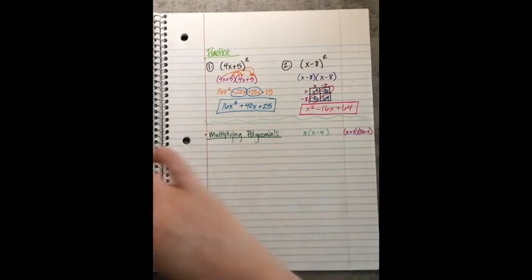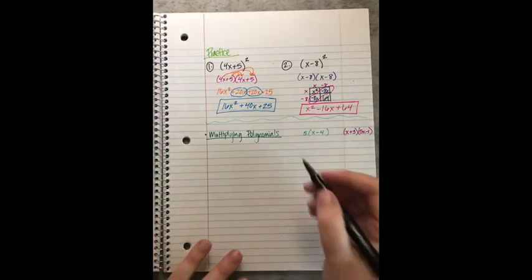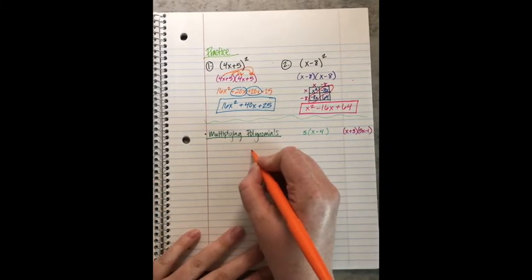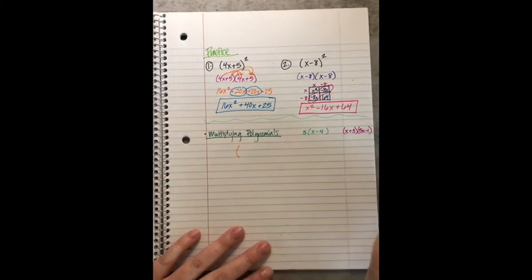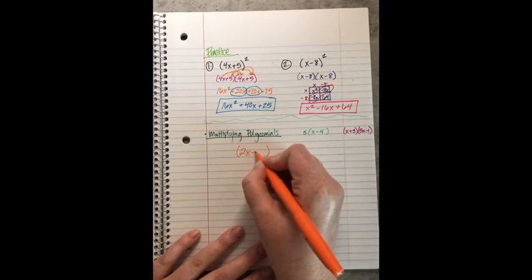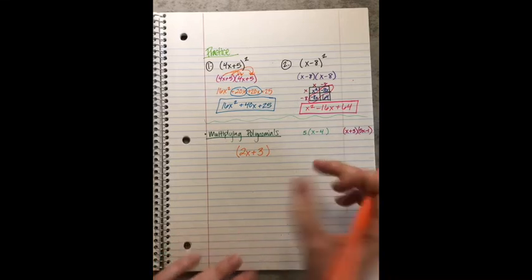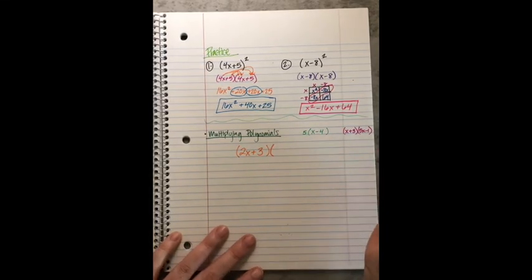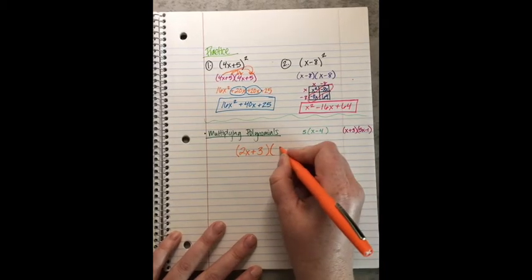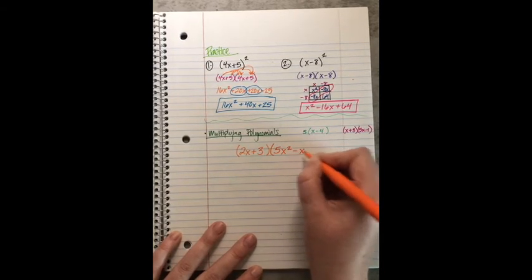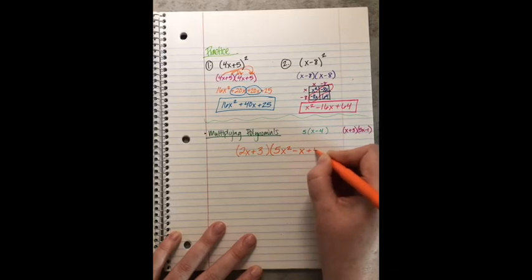But now let's look at the next example here. Let's do orange. So let's say you had a binomial. So we're gonna write 2x plus 3, a binomial, and we're gonna times it by a trinomial, something like 5x squared minus x plus 4.